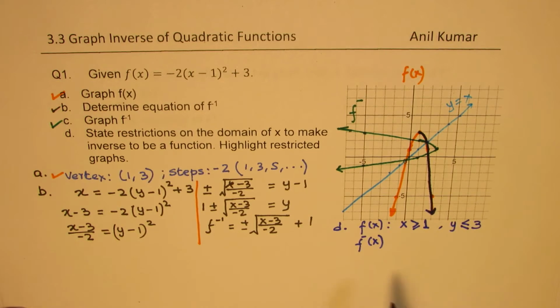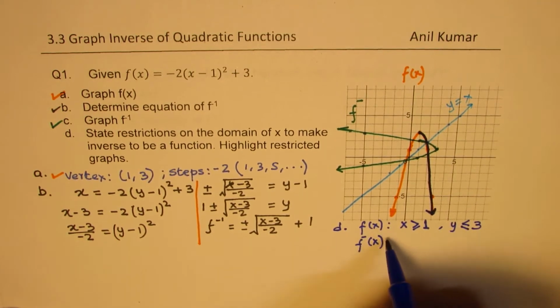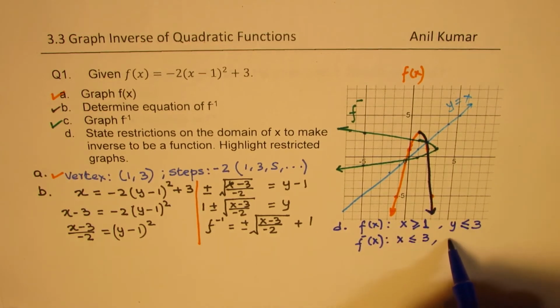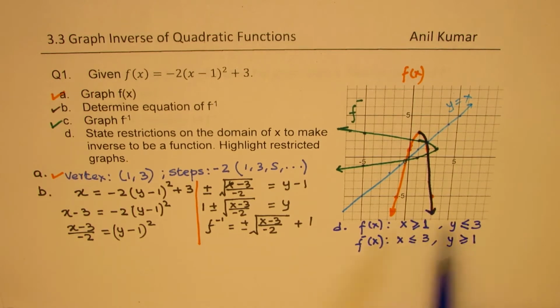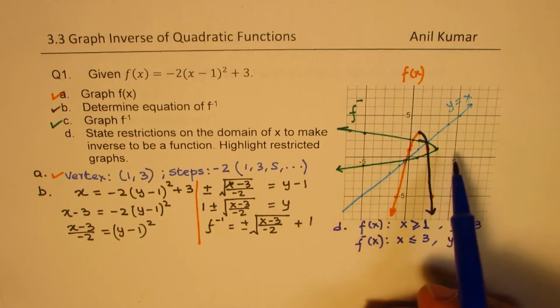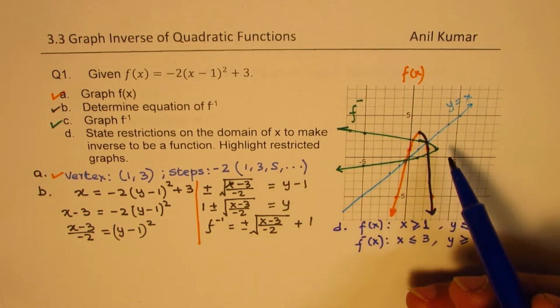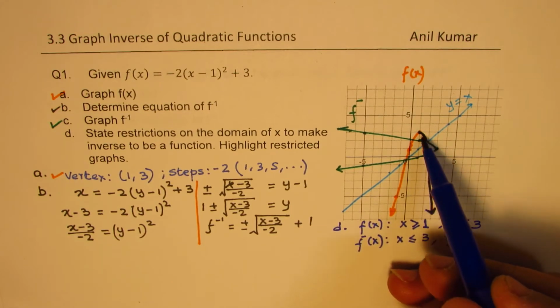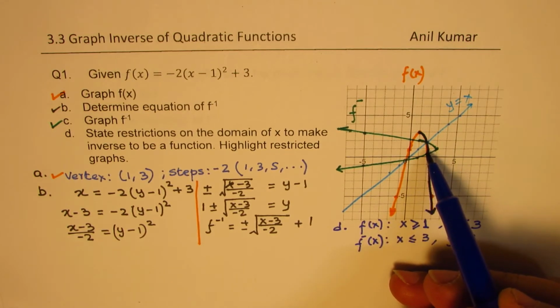Now you should understand that the inverse domain and range will swap, right? So we are now looking for x less than or equal to 3 and y greater than or equal to 1. So that also helps you to figure out which one of these is your right graph, right? Another thing is very clear from this graph: for the inverse we are looking for these points, so which portion are they going to?